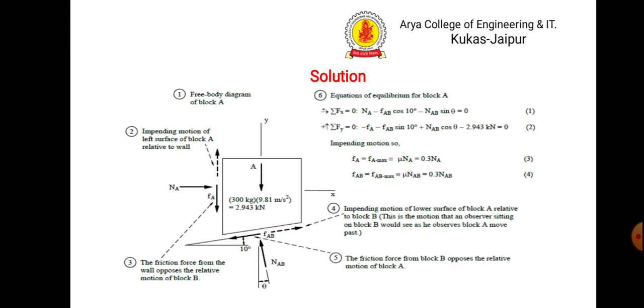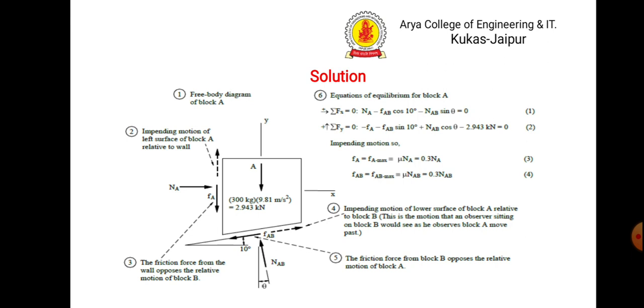So Na minus Fab cos 10 minus NAB sin theta equals 0. The second condition is that the sum of all vertical forces equals 0, summation of Fy equals 0. It is Fa in the downward direction, that's why minus Fa minus Fab sin 10 plus NAB cos theta minus 2.943 kilonewton. It is nothing but the weight. It is given as 300 kg, so to convert this into Newton we multiplied with 9.81.